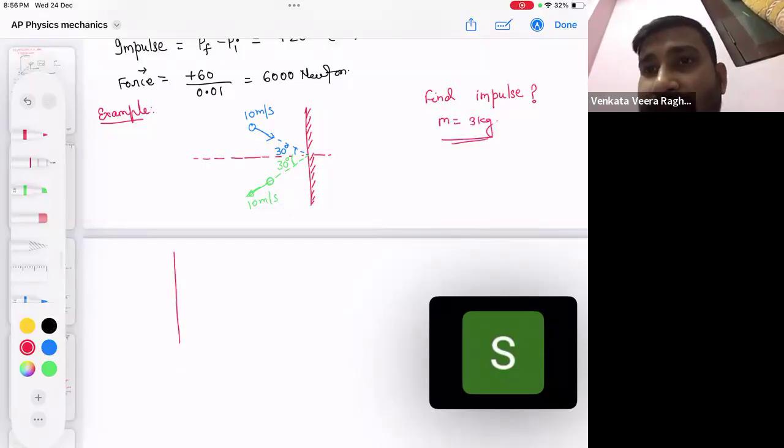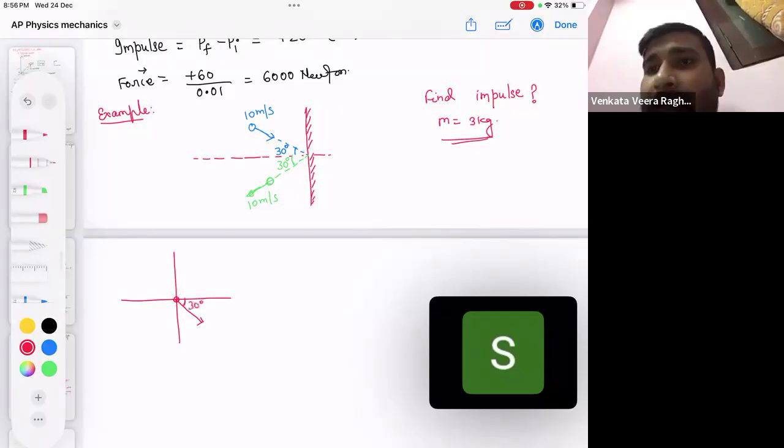Can I make it like this? Is this my initial velocity? Please check it. Is the initial velocity making 30 degree with horizontal? So the initial momentum is going to be mass 3 kg, velocity 10, so 30. But here, one direction is not involved. Here, two directions are involved in the calculation, isn't it?